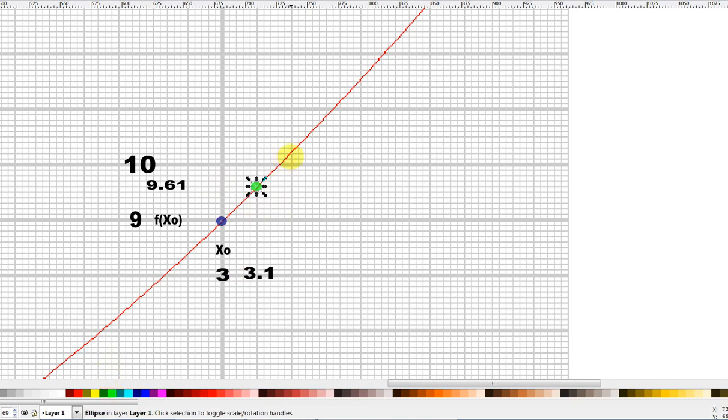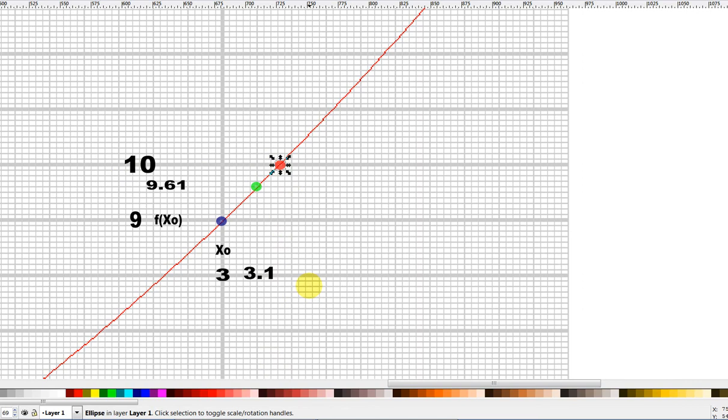And then the answer we really want to know, let me make that in red, is right here. Now we don't know exactly what that is. I'll make it red. But we know that we're looking at 10 on the y-axis. And then what is it on the x-axis we're looking for? Well, something a little bit bigger than 3.1 is all we can tell from the graph.